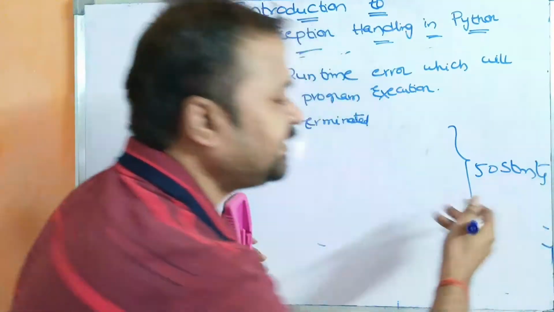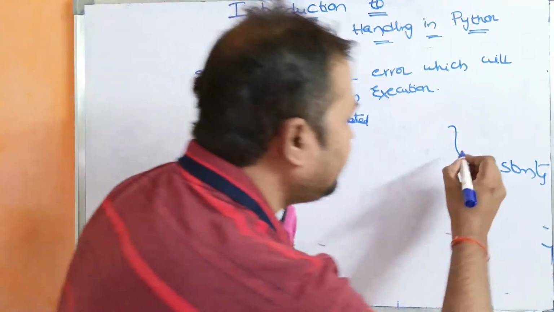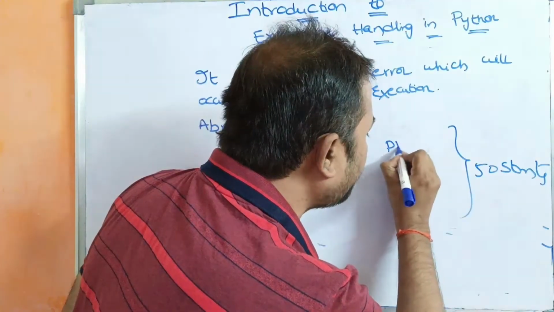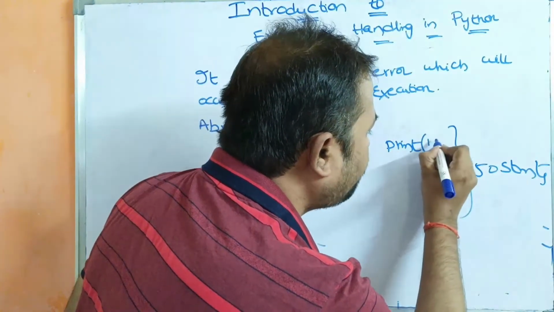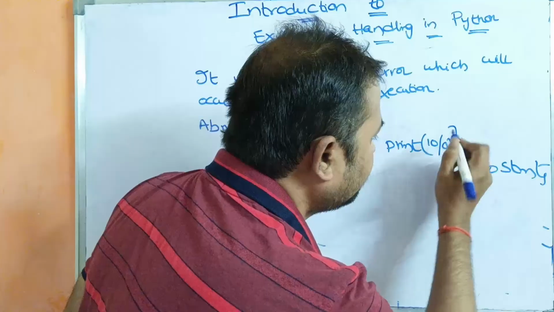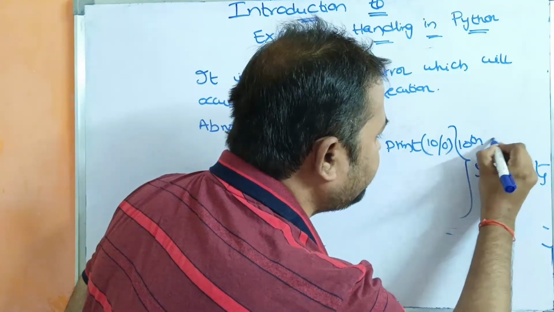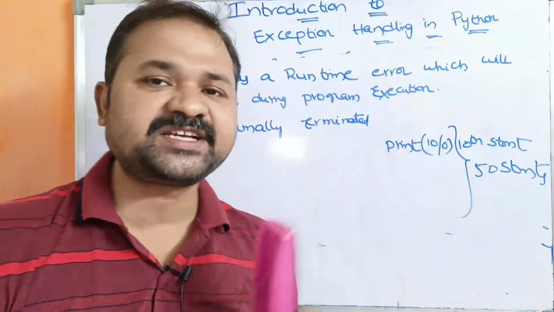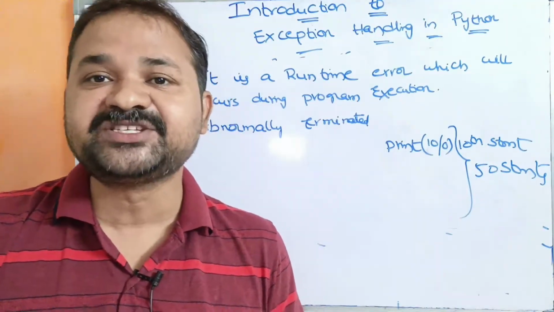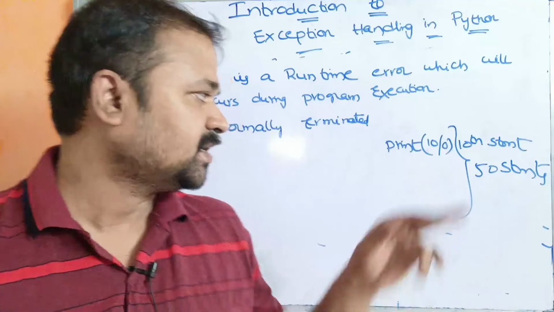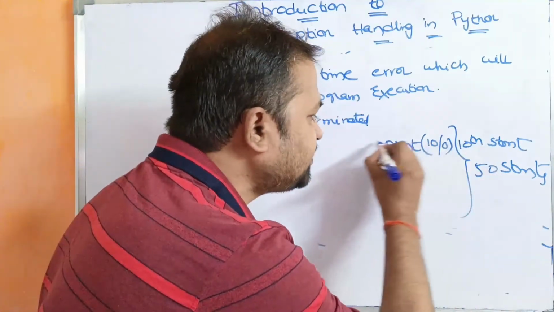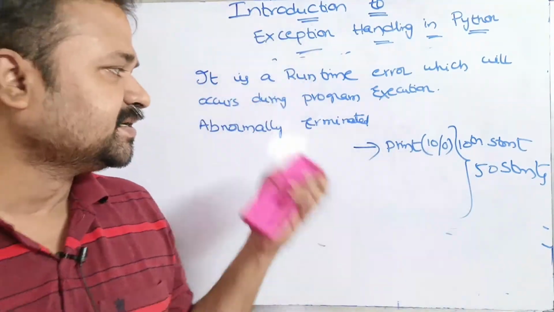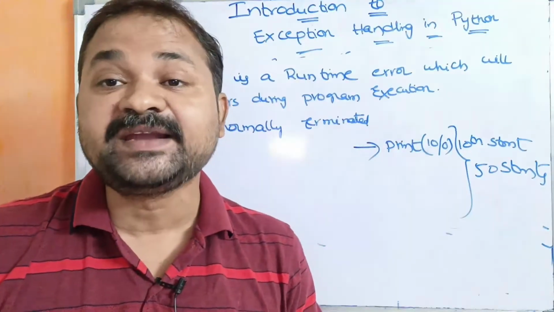Let the 10th statement of our program be print of 10 by 0. This instruction is called division by 0. Whenever the statement is executed, the program will be abnormally terminated.